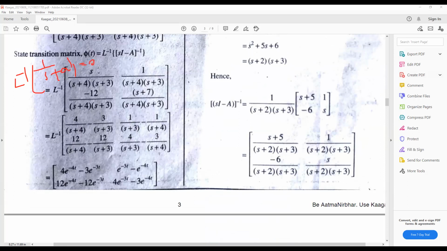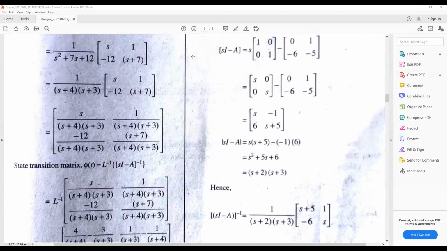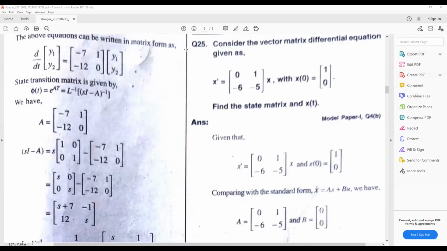E power minus At. So, e power minus 4t. Okay, so this is the normal state transition matrix formula. You obtain this problem with the Cayley-Hamilton method. You are finding it by the Cayley-Hamilton method.